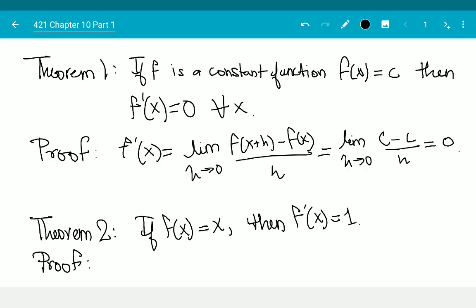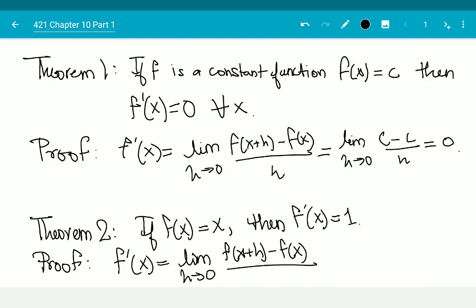This is also really easy, right? f prime of x is equal to limit h goes to 0, f of x plus h minus f of x over h, which is equal to limit h goes to 0, x plus h minus x over h, these two cancel, which is equal to 1.